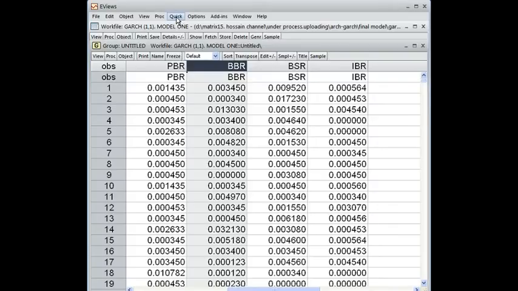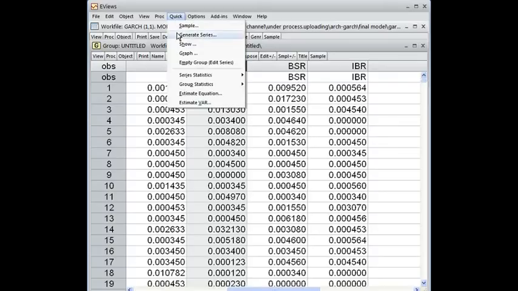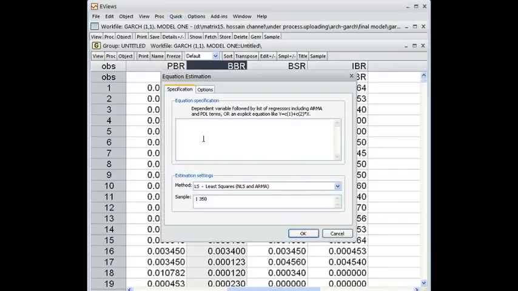Okay, how to make the mean equation? I go to Quick, then Estimate Equation. First I estimate the equation. BBR is the dependent variable, then constant, then BSR.